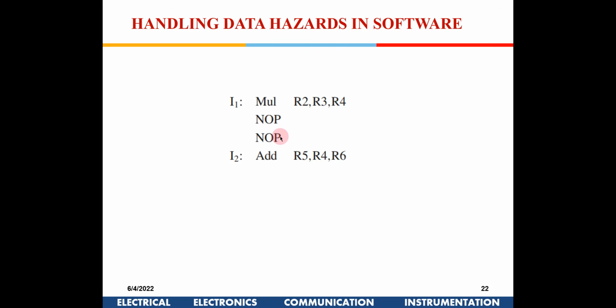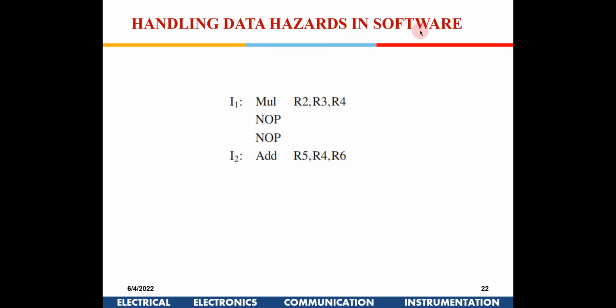NOP means no operation. If you write these kind of commands in between, it helps this cycle to get completed. NOP will not do anything, but it will just insert some time gap for this multiplication. Multiplication takes much more time than addition. So you have NOP, no operation commands, written in between.